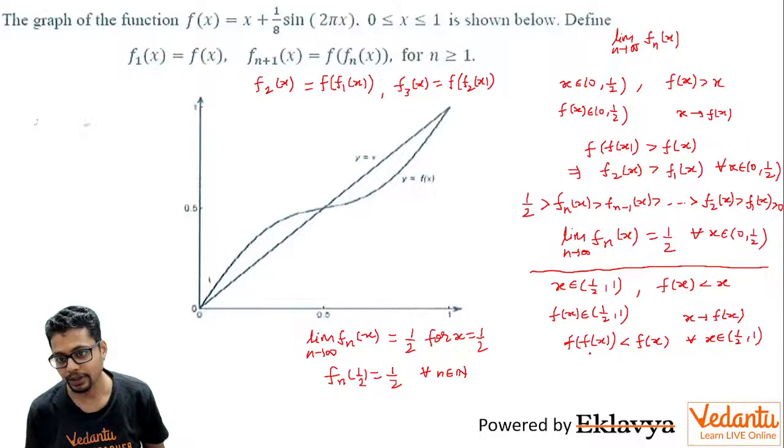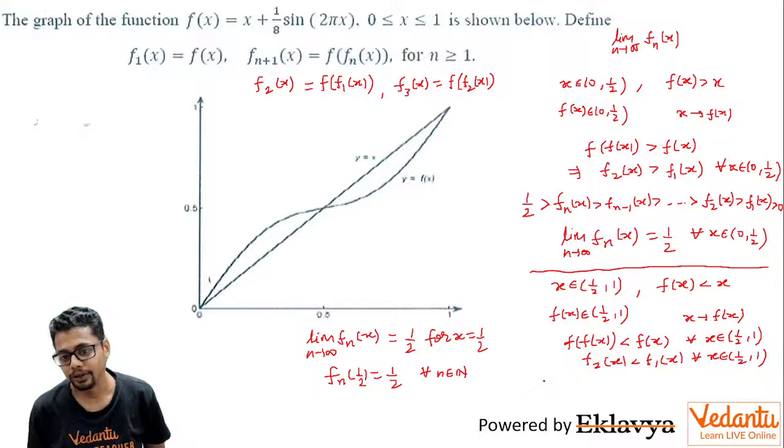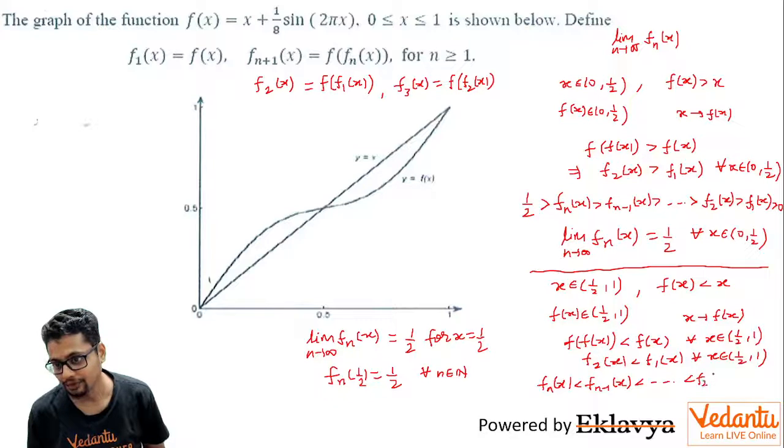So this is essentially f2 of x is less than f1 of x for every x in this interval half open to 1 open. Similarly, you can say fn of x is less than f of n minus 1 of x, less than, and so forth, less than f2 of x, less than f1 of x. Mind it, they all are less than 1 and they all are greater than half.